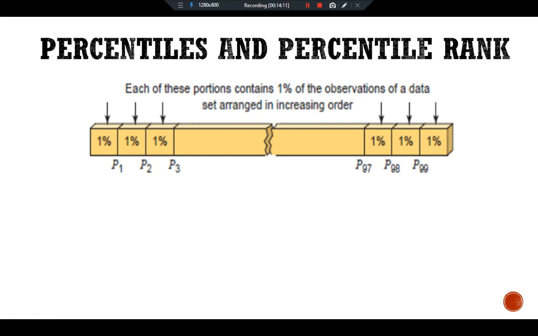Thus the kth percentile, Pk, can be defined as the value in a data set such that about k% of the measurements are smaller than Pk, and about 100 minus k% of the measurements are greater than Pk. The approximate value of the kth percentile can be determined like so.